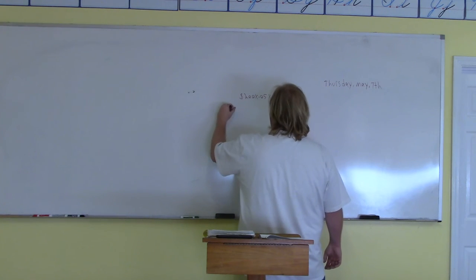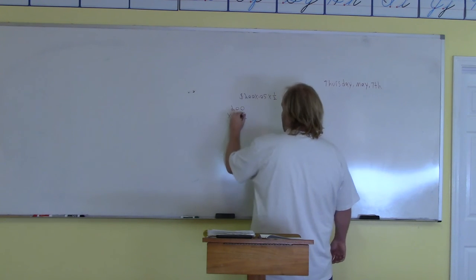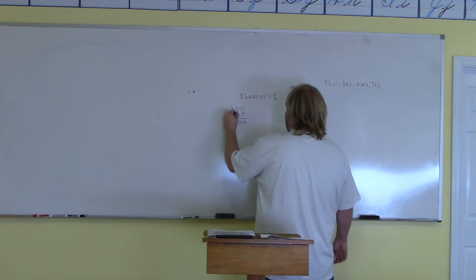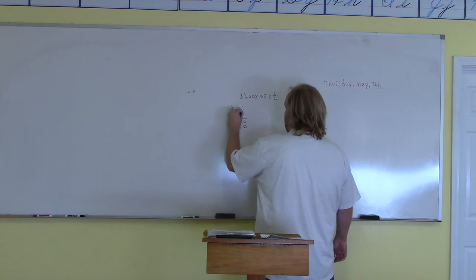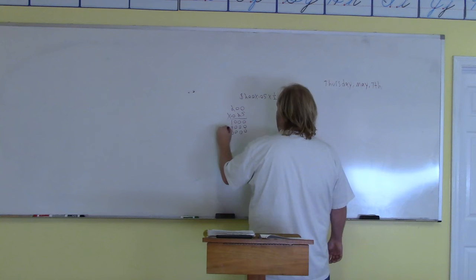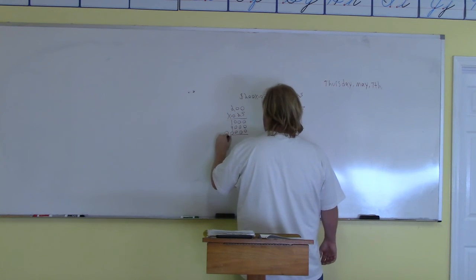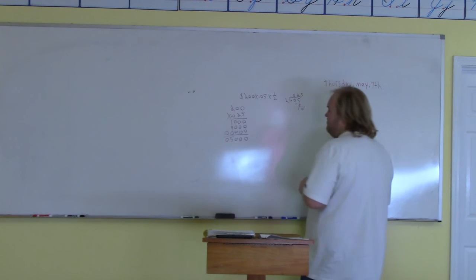So we've got 200 times 0.025. 5 times 0 is 0, 5 times 0 is 0, 5 times 2 is 10, carry a 0, 2 times 0 is 0, 2 times 0 is 0, 2 times 2 is 4. So 0, 5, 0, 0, 0, that 0 doesn't really matter for now.